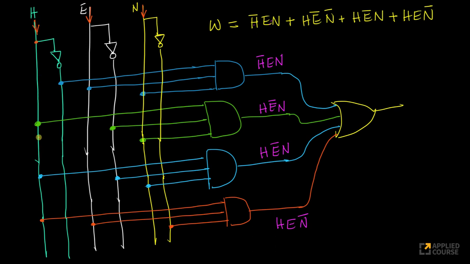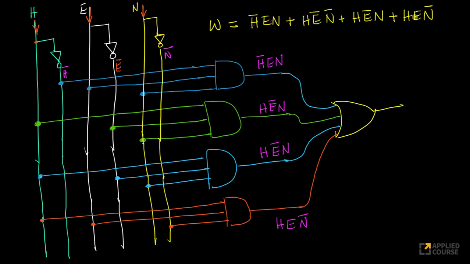This line now represents H. This line now represents H bar, right? This line represents E. Whatever is the value of E, the same value I can find on this wire, right? Because I'm passing it through a NOT gate, here I can get E bar. This is E bar, this is H bar. Similarly, this is N, and here I get N bar because I'm passing N through a NOT gate.